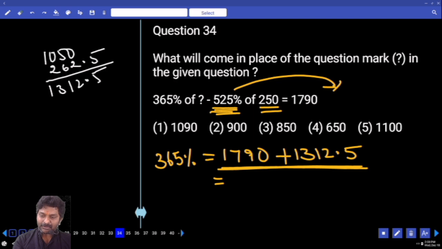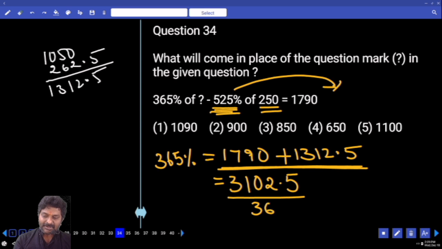Now, clearly I can see this number is equal to 3102.5. This is equal to 365%. 1% value is equal to this divided by 365. And we need 100%, so into 100. Clear?